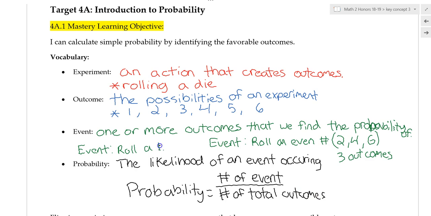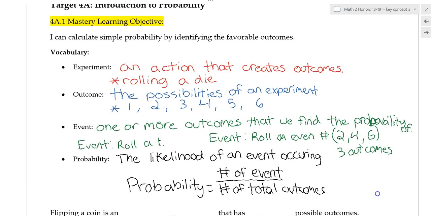For example, for this one, 1 out of our 6 outcomes. For this one, I have 3 numbers in the event out of our 6 outcomes. So the number in the event, the favorable outcomes, over the total outcomes.